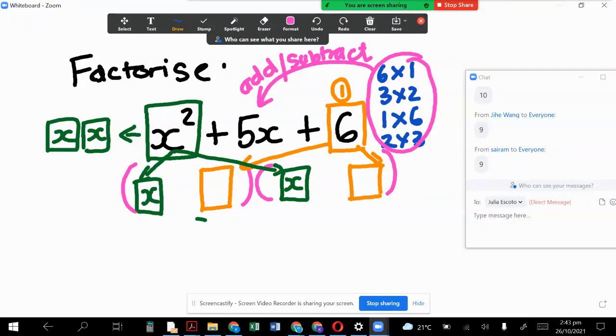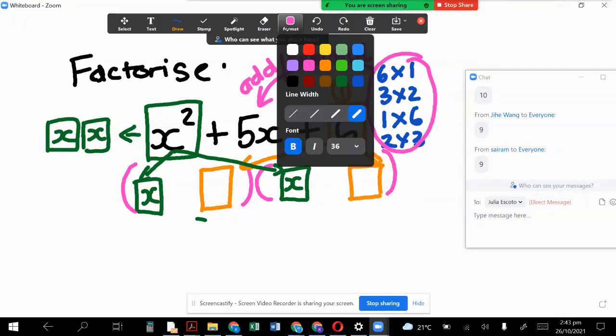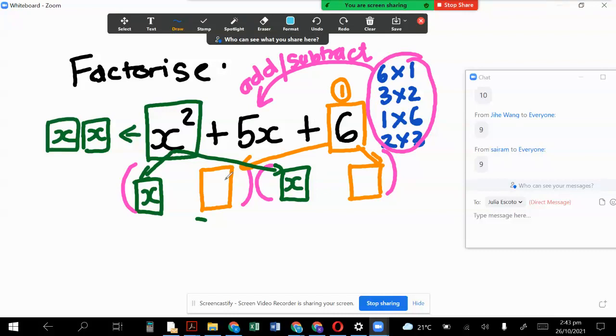So we got 6 and 1. So if I put 6 over here and I put 1 over here, let's see if this will work. I'm going to put a plus and a plus because everything is plus.